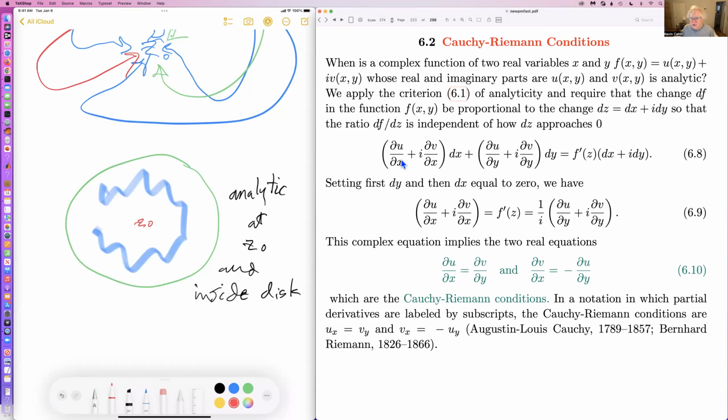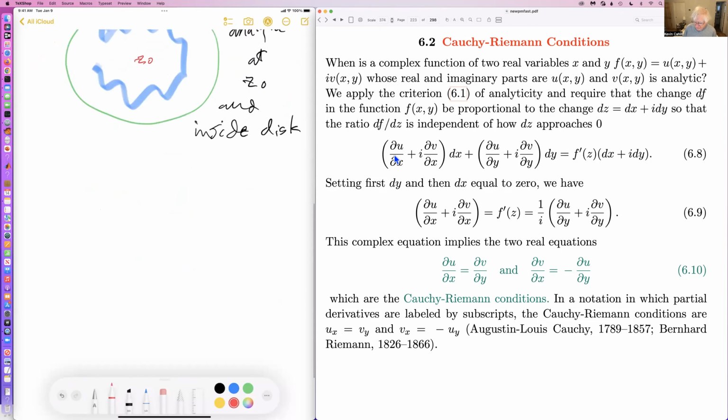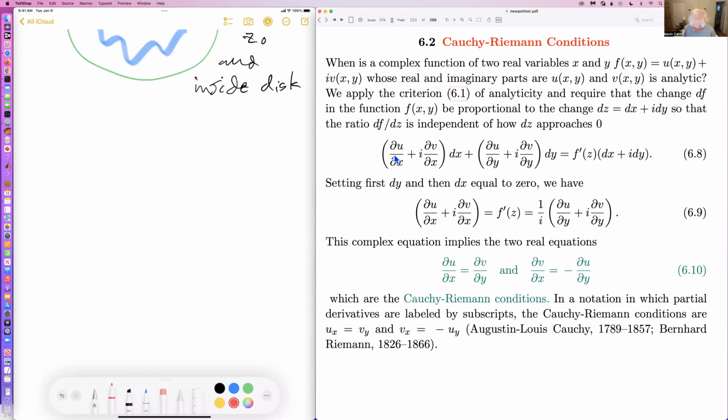And they follow from the definition of analyticity, namely that the change in the function, we have a function of x and y, so the change in the function, so let me try writing in red, the change in f of x and y, well, this is the change in u of x and y, plus i, the change in v of x and y. Here I'm saying that f is u plus iv.